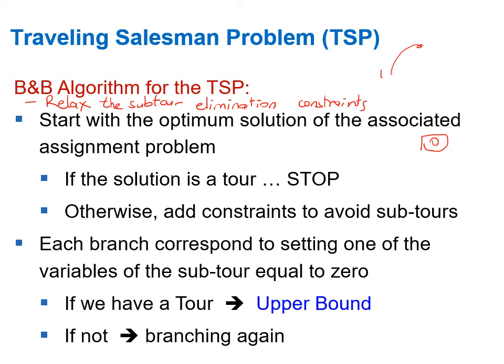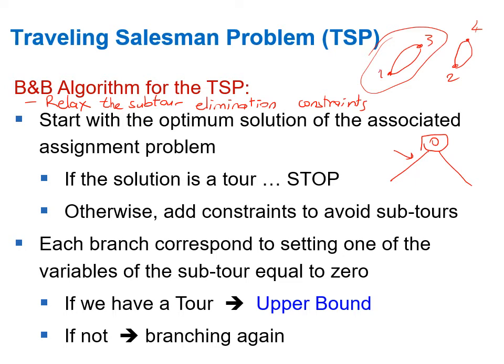Let's assume we have a subtour between city 1 and 3, and it means that in our example, since we have only 4 nodes, 2 and 4 form another subtour. Now I need to branch since we have subtours, and I need to include the necessary constraints to eliminate these subtours. But what are those constraints? You need to be very careful here.